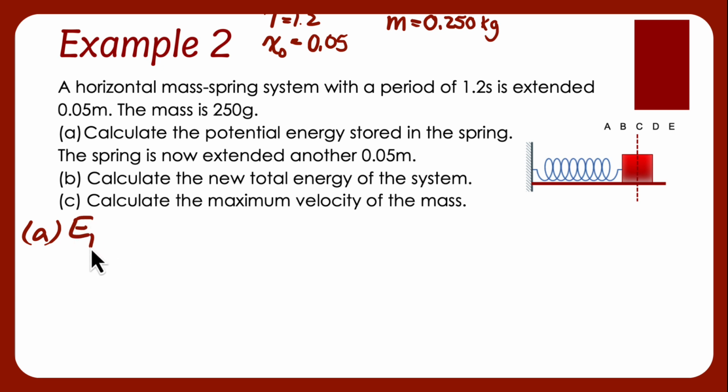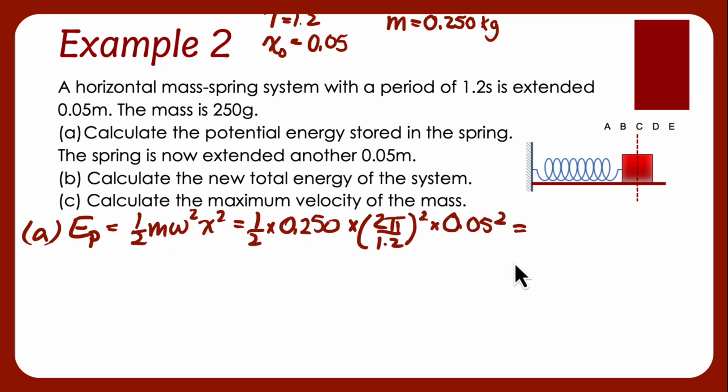So using my potential energy equation, I'm going to substitute in my values. Picking up my handy-dandy calculator, I'm going to write extra significant figures for now. 8.57 times 10 to the minus 3 joules.